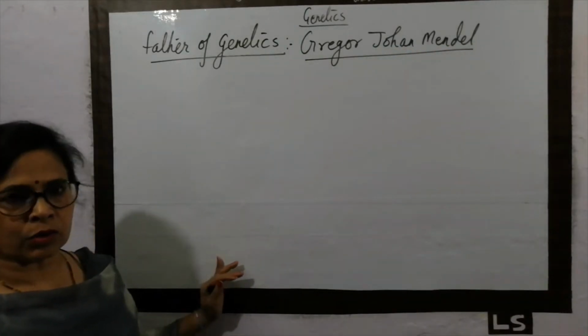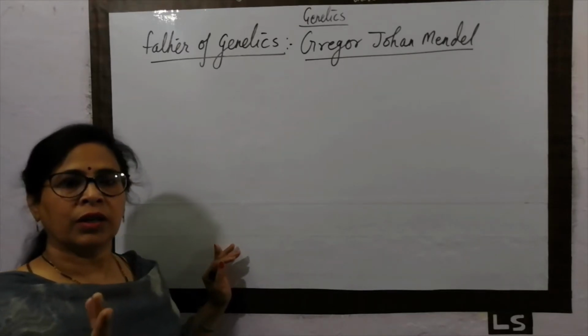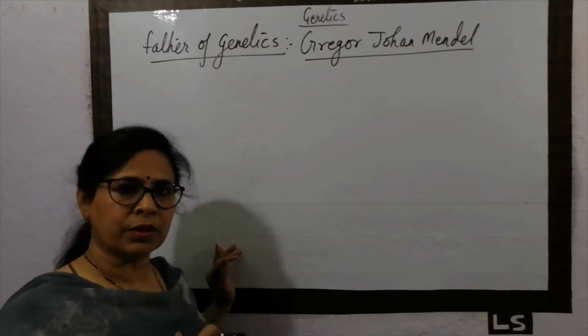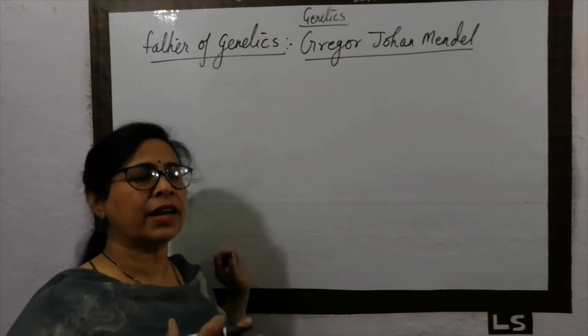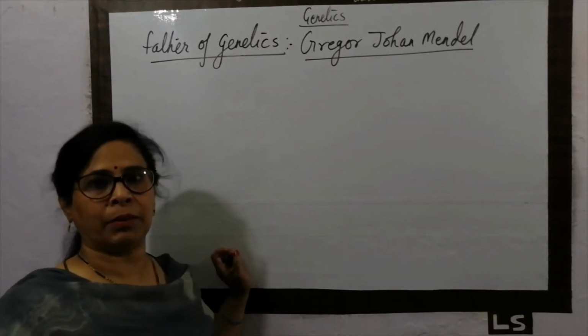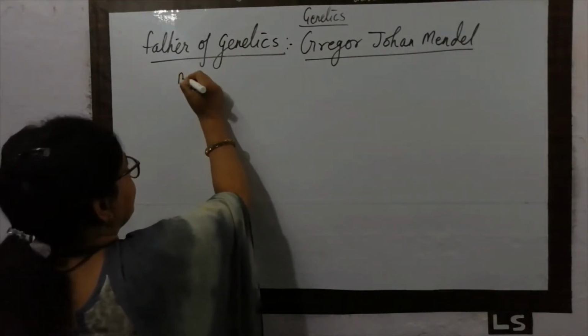Why is he called the father of genetics? First, we have to study his contribution, his various processes, his work, how he performed his activities, and why this work is remarkable.